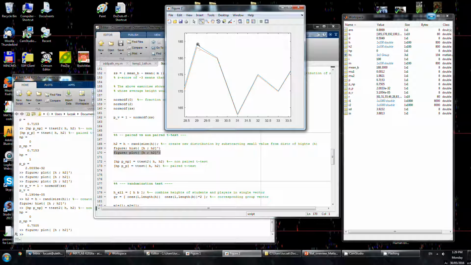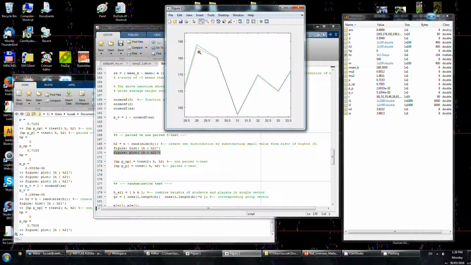Blue is the measurement during the evening, red is the measurement during the morning. What you can see is that there is a very tight correlation between those two values, a high overlap between both distributions.